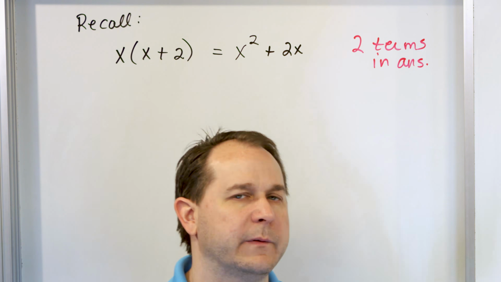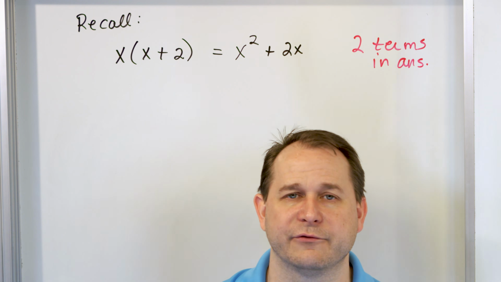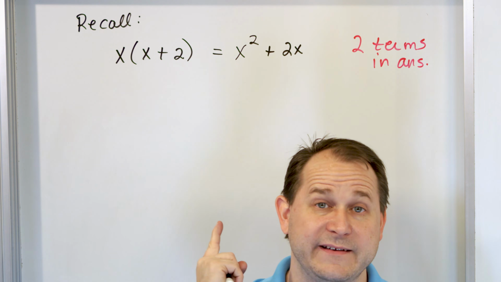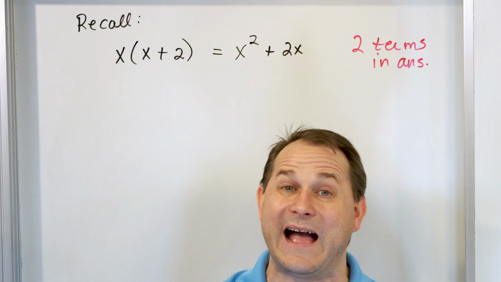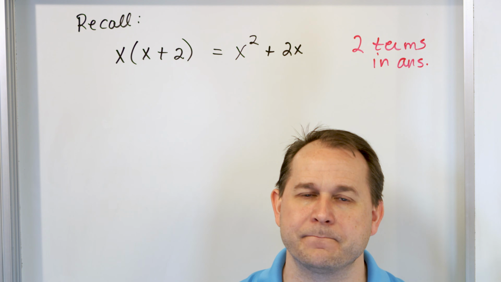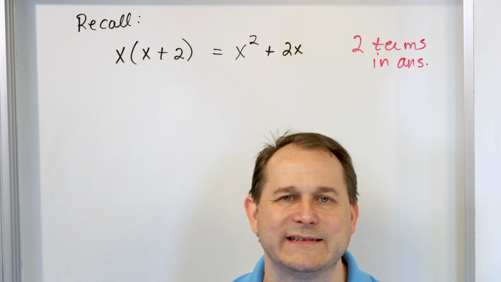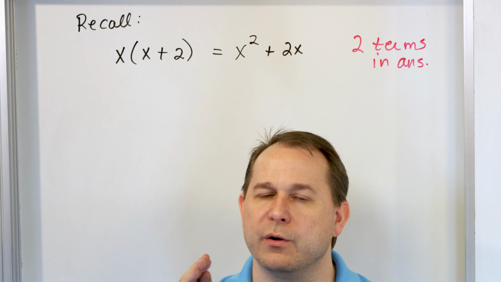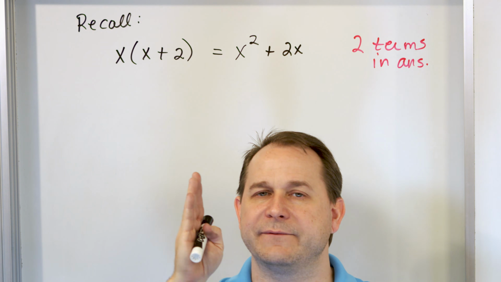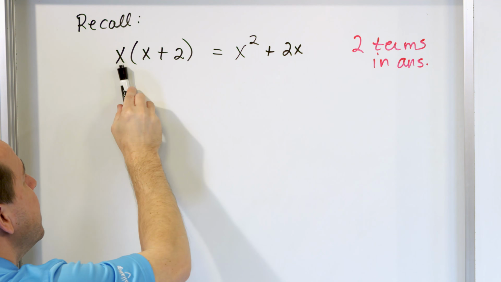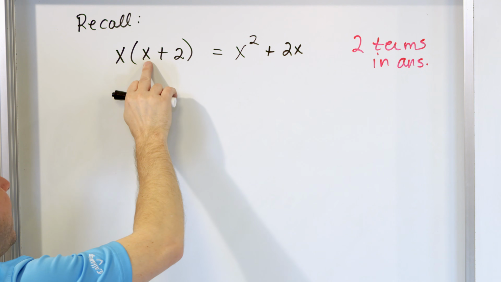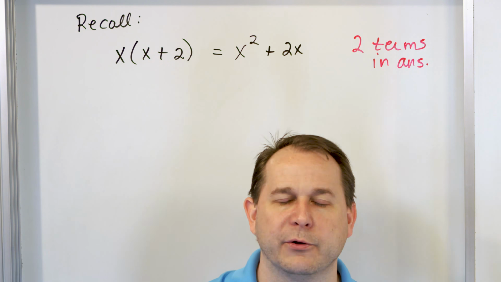So the critical thing to remember about multiplying anything in algebra is when you have a set of parentheses, with, in this case, 2 terms inside, but actually it can have any number of terms inside the parentheses, and you have something sitting right outside, then you know from the rule of distribution that in order to do all the multiplication, you have to take that outside term and multiply it times every term on the inside, because if you only multiply it by half the terms, then you've only done half the multiplication.